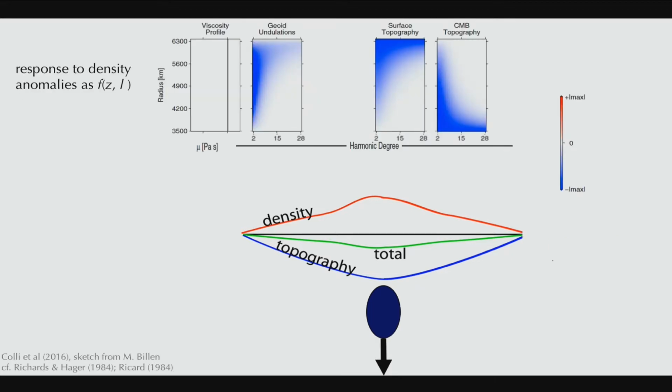We can express this as kernels, where for this particular Earth model in terms of viscosity, I'm showing you the geoid effect, surface topography, and CMB topography effect based on a density anomaly at a certain depth and wavelength. It's all negative because things are being pulled down, and the longest wavelengths in the mid-mantle are most important.